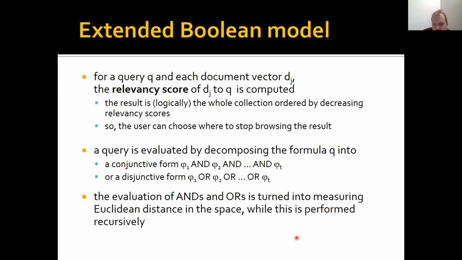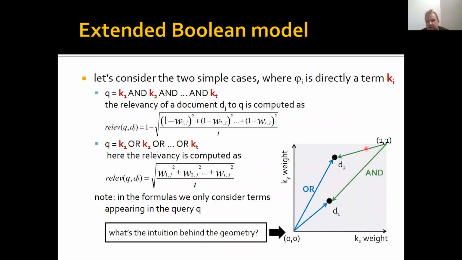And in this particular case, the and or fragments of the expressions are implemented like this. So instead of and, we will measure the penalty from the ideal case. So if there is perfect and of 2 terms, this is one term, this is second term. So if both of the terms that are in the query, right, it's K1 and K2 here, if they both are in the document, it will be coordinate 1, 1.